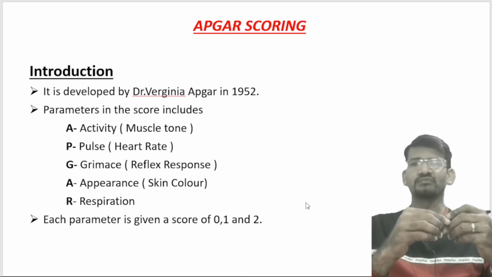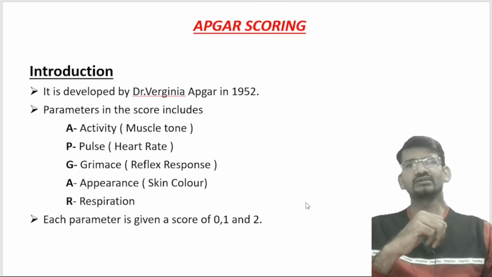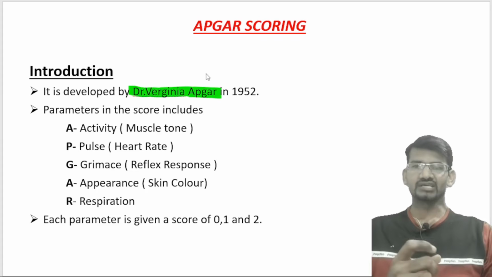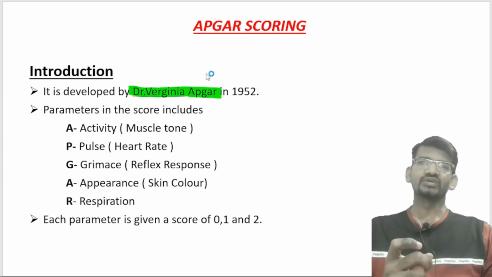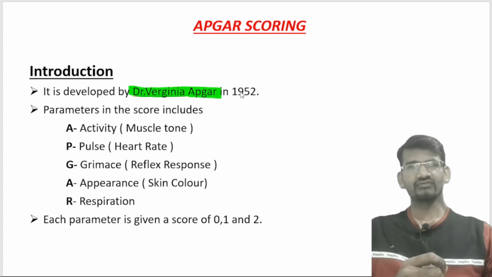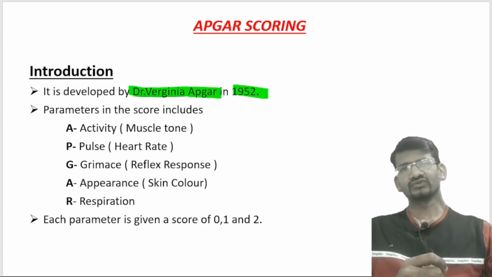This Apgar scoring was developed by an American anesthesiologist, Dr. Virginia Apgar. She developed this scoring system in the year 1952. This is also important.